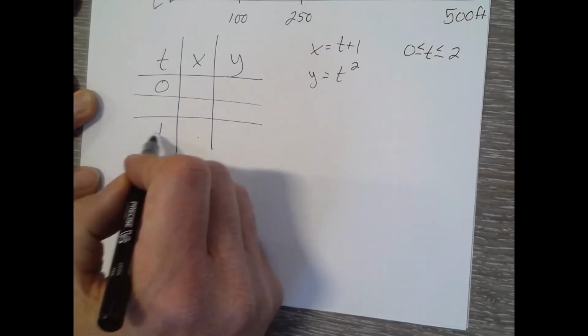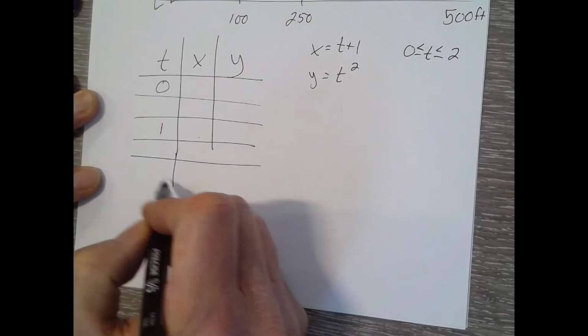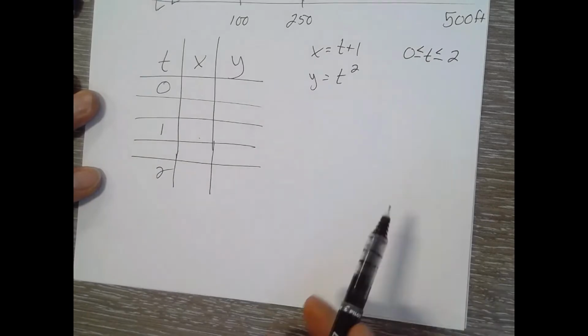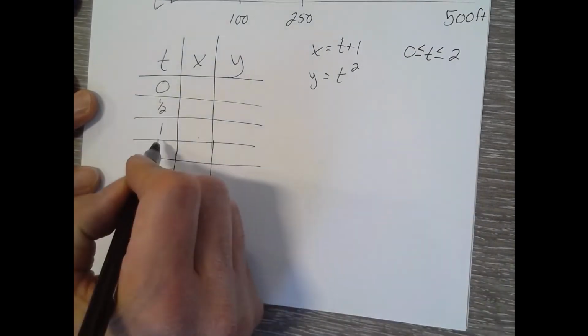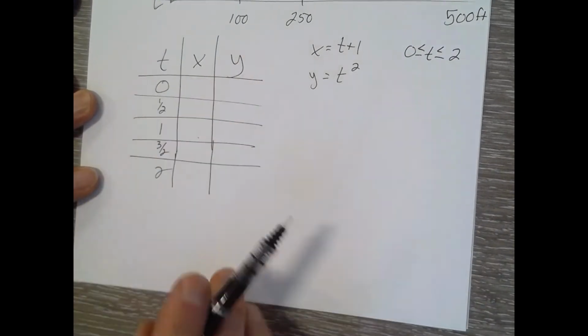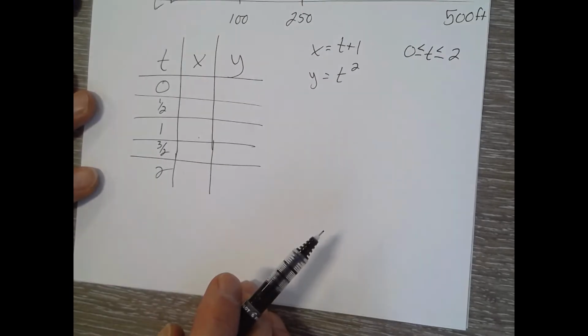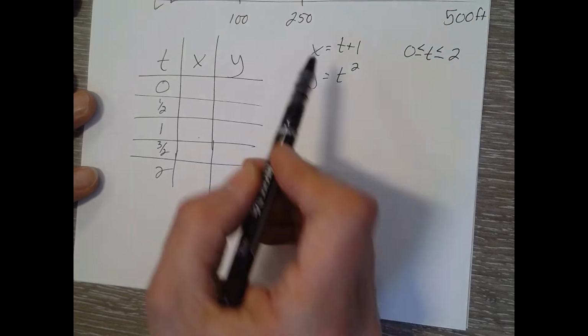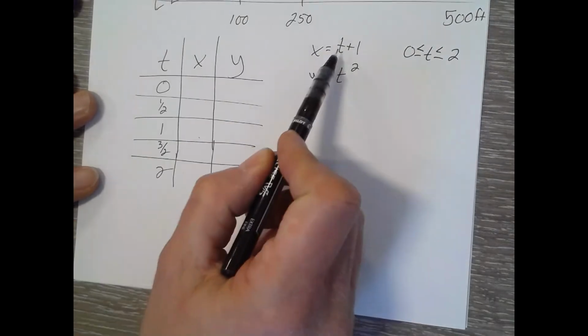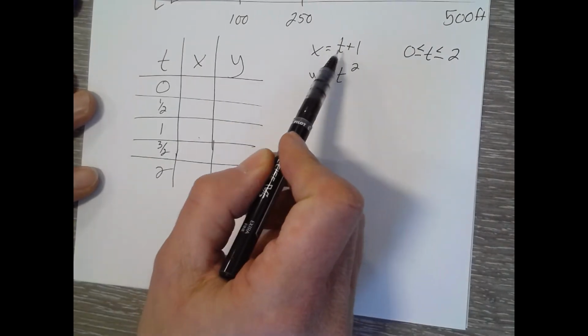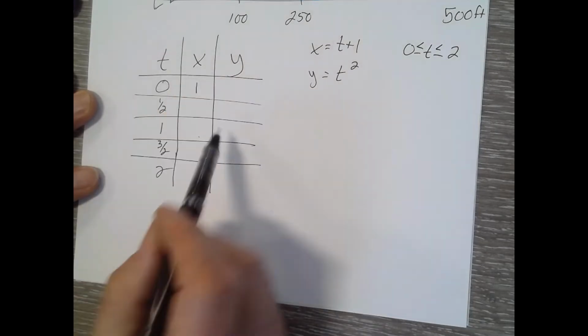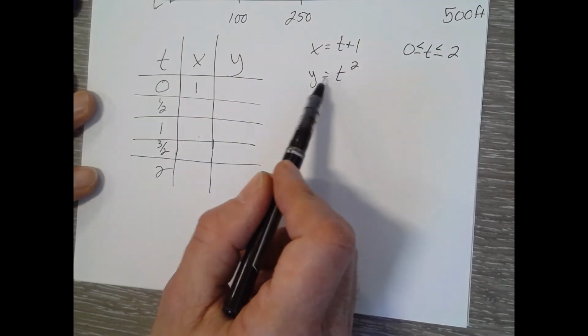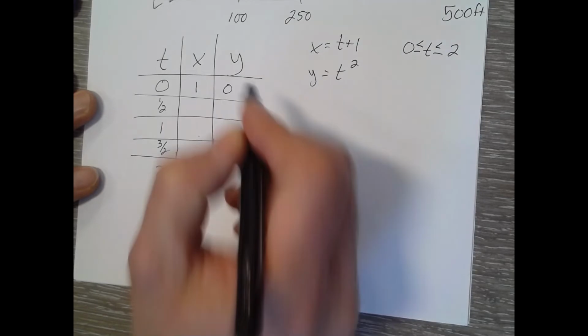So when t is 0, what is x equal to? 1. Very good. You can plug 0 in for t, and I get x equals 0 plus 1, which is 1, comma. If I plug 0 in for the y equation, I get 0.